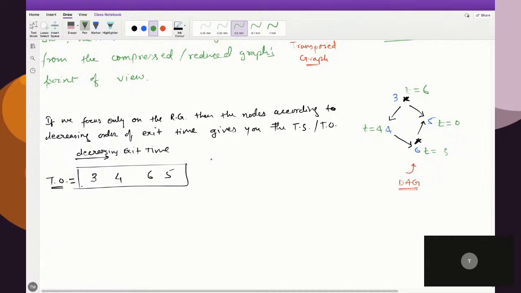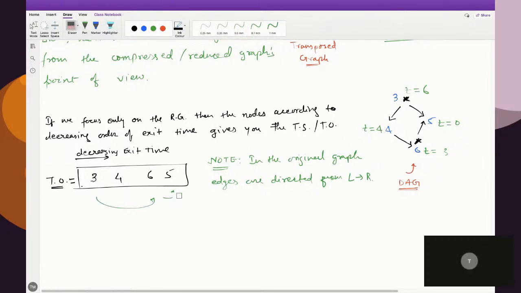So node 1, edges are directed from left to right, always, because we have already noticed this property. There cannot be edges in this direction ever in a topological ordering. We have seen that yesterday itself. So the edges are always directed like this, but never from right to left in this graph. Makes sense? So this is what the first step does.